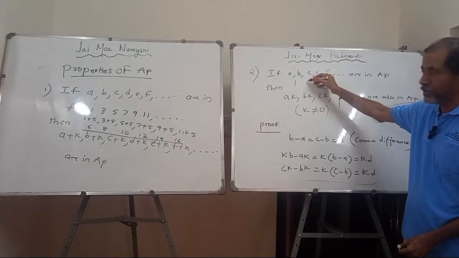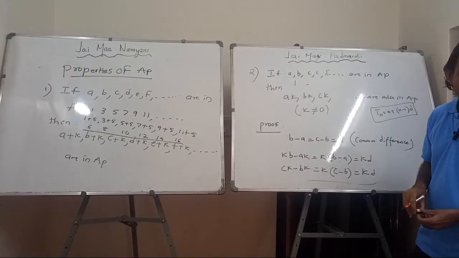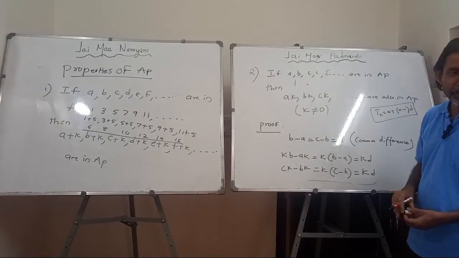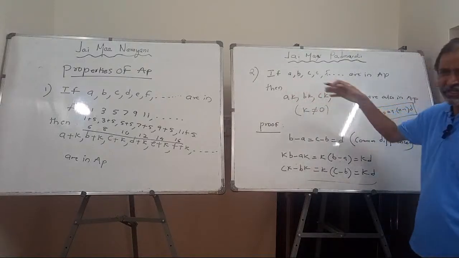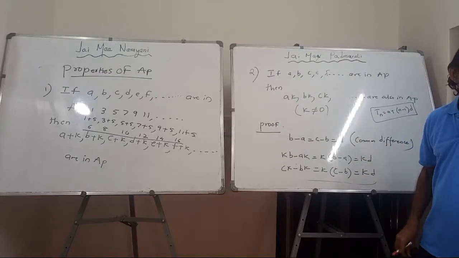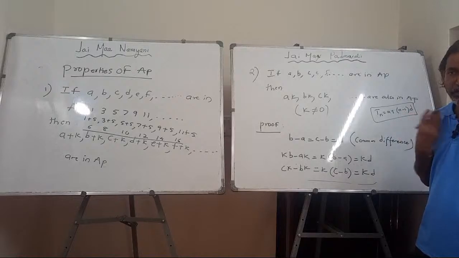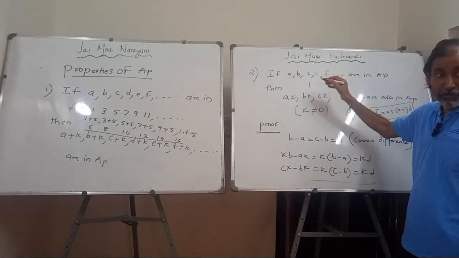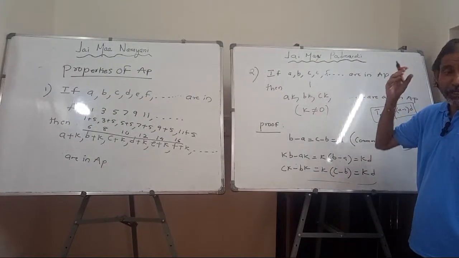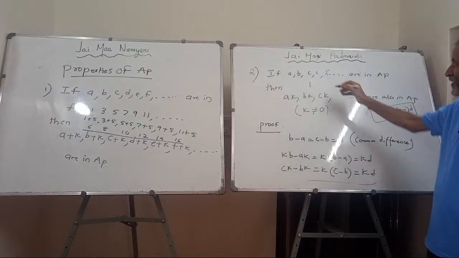You can start from 10, 12, any, you need not be 1 always. It can be any number, minus 100. Who cares? As long as it is in AP, that's my only concern. Can I do 110? Yeah. But remember, as you go higher, you make mistakes, so keep it simple. Okay, 110.